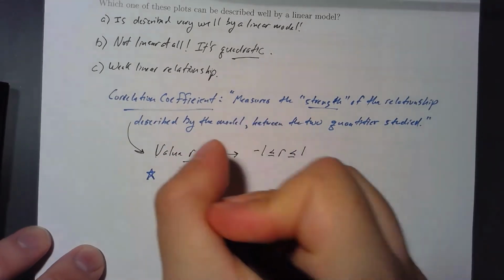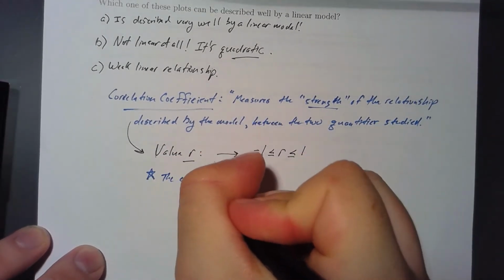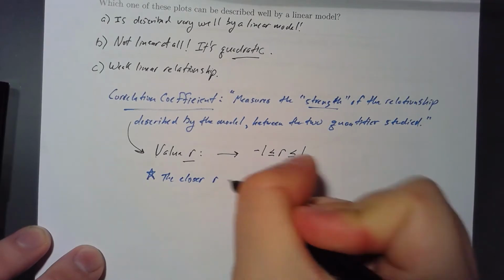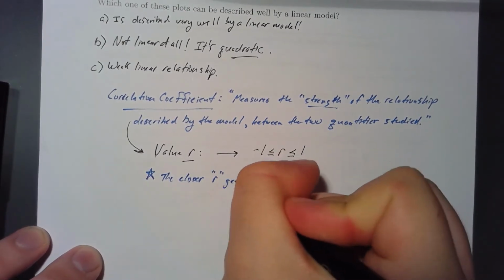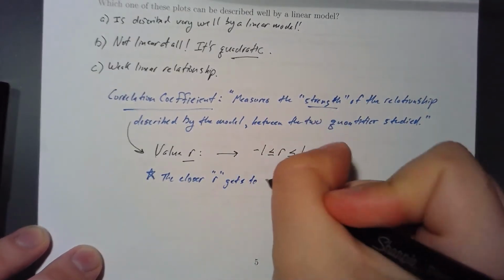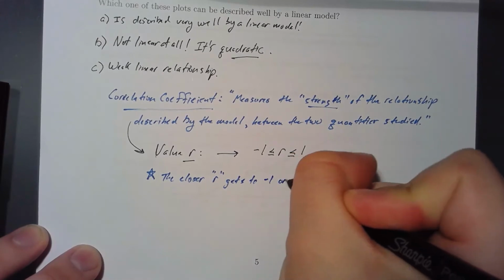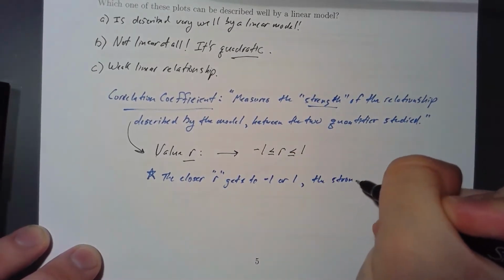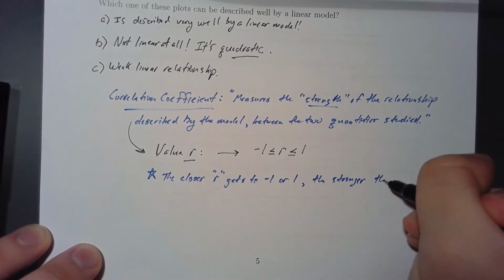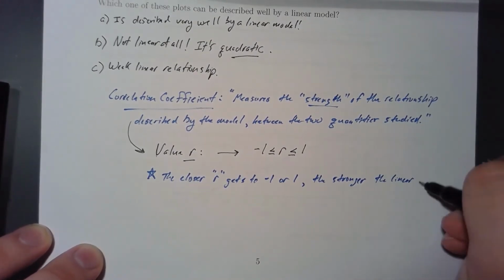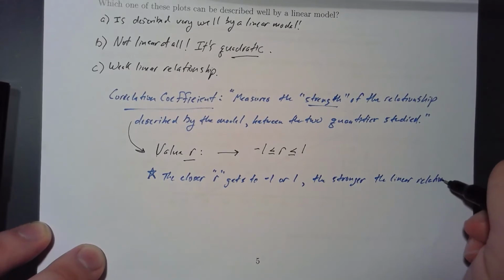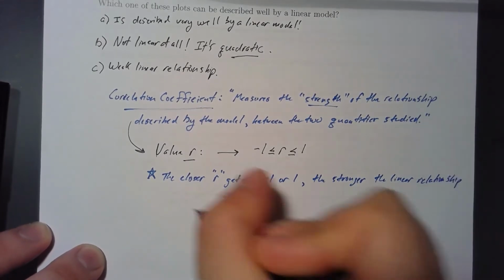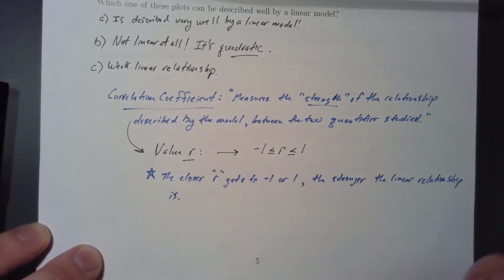So I'll just say down here, the closer R gets to -1 or 1, the stronger the linear relationship is.